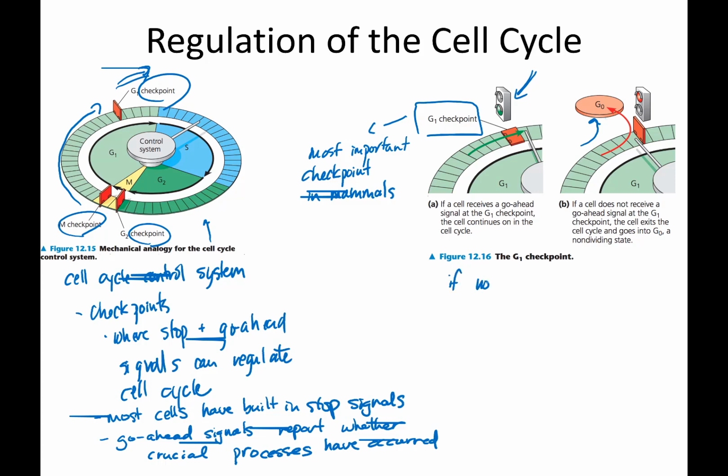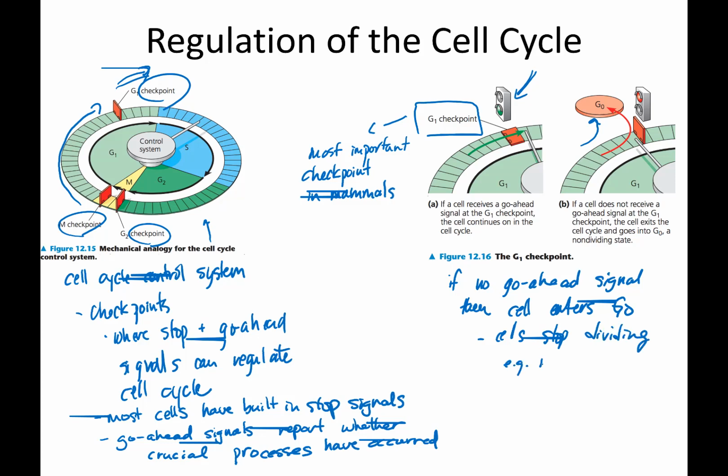If no go-ahead signal, then the cell enters G0. And this is where cells stop dividing. This is neurons, skeletal muscle.